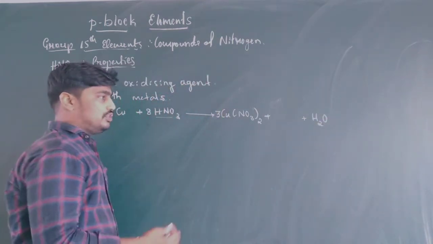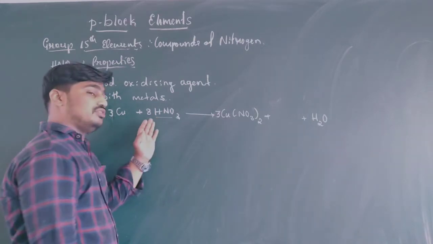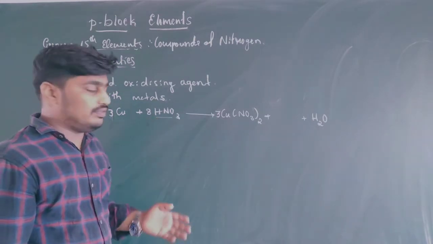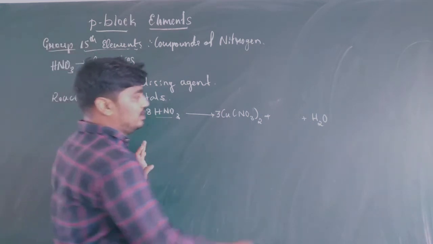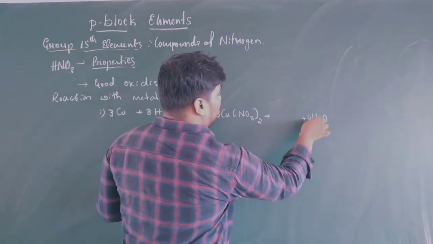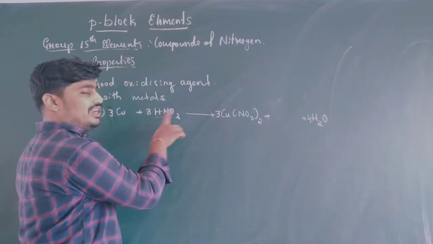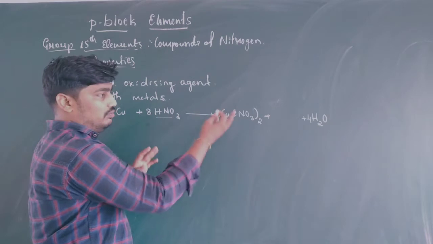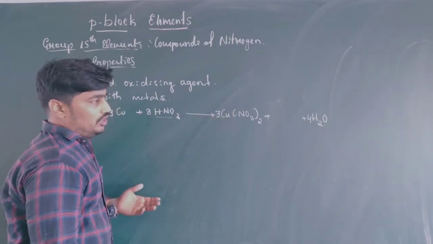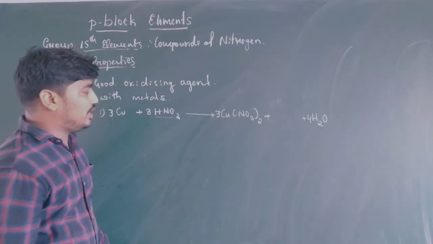The production of water depends upon the hydrogen we have taken. How much hydrogen is taken here? 8 atoms of hydrogen are there. Therefore, 4 water molecules, exactly half of the number of nitric acid molecules, are produced during this reaction.